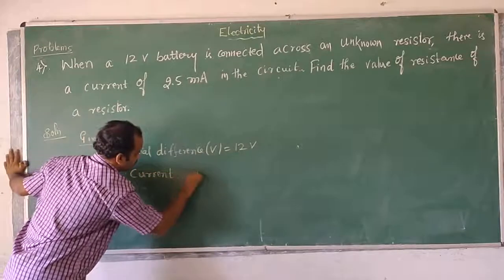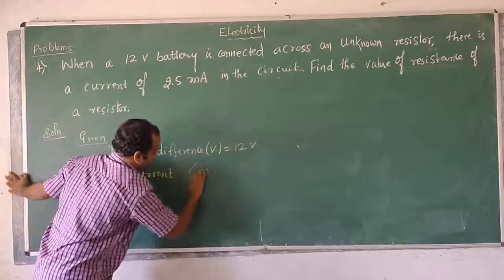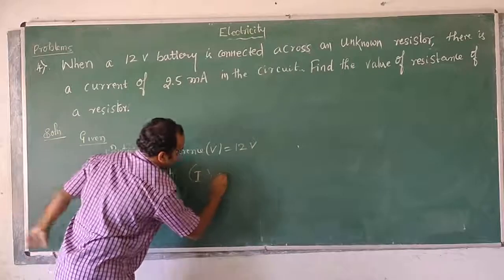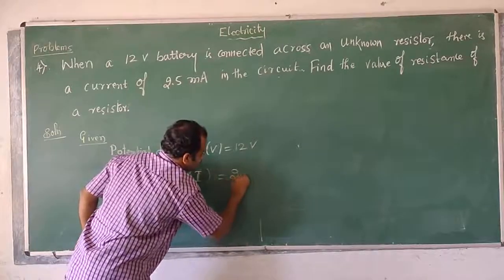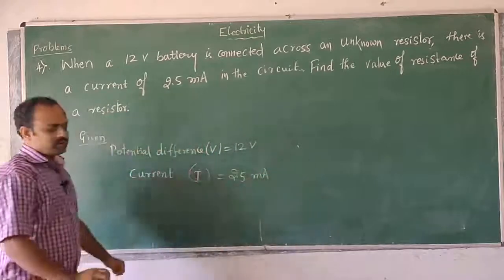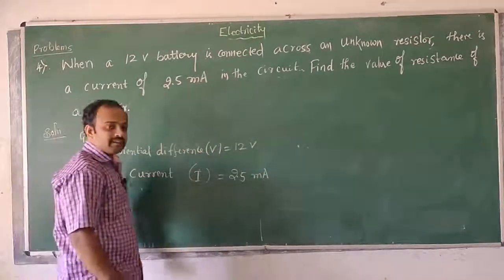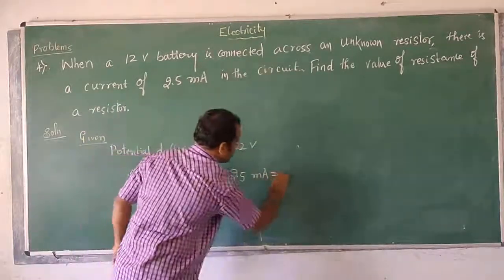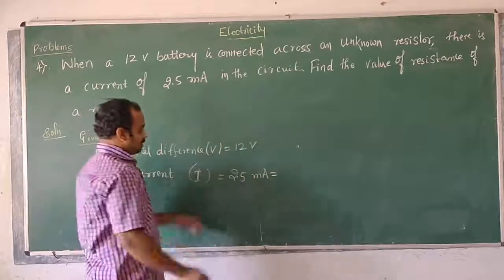Current I is equal to 2.5 milliampere. Milli is nothing but 10 power minus 3.